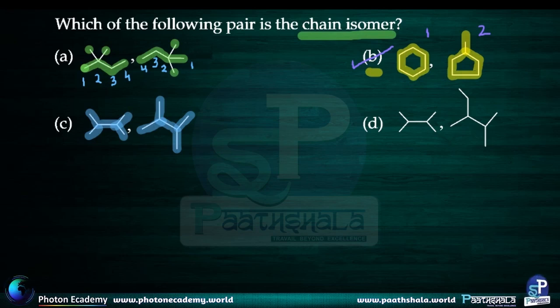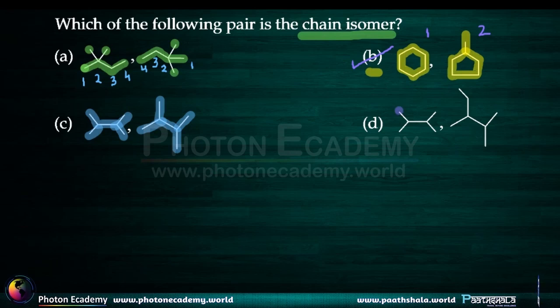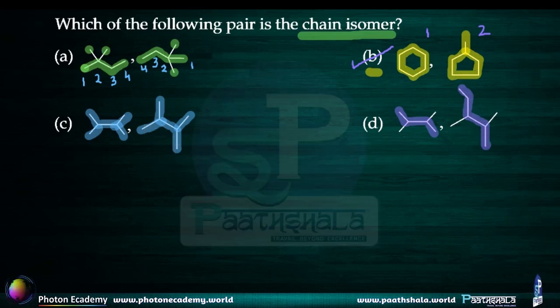Now let us have a look at option D. In option D, in the first compound the longest chain is of 4 carbon atoms, and in the second compound of the pair, the longest carbon chain is made of 5 carbon atoms, and apart from the parent chain, in both these compounds there are 2 methyl groups. Hence the number of carbon atoms in the two compounds is different.